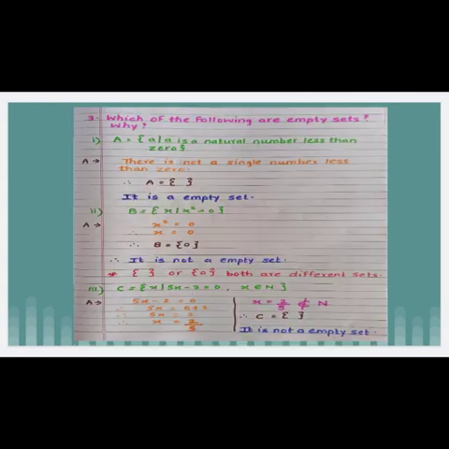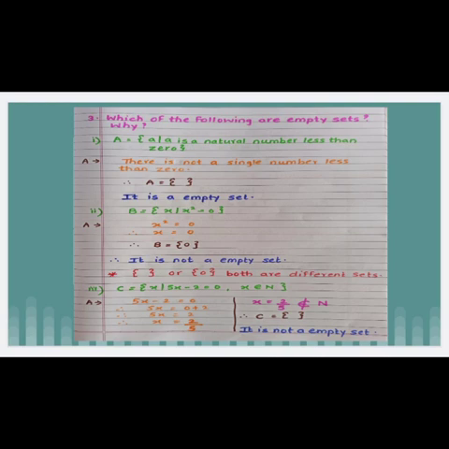Question number 3. Which of the following are empty sets? Why? First one, A is a set in which small a is an element such that a is a natural number less than 0.